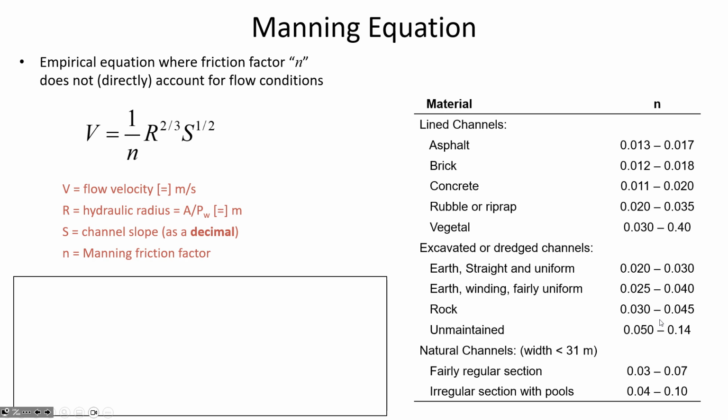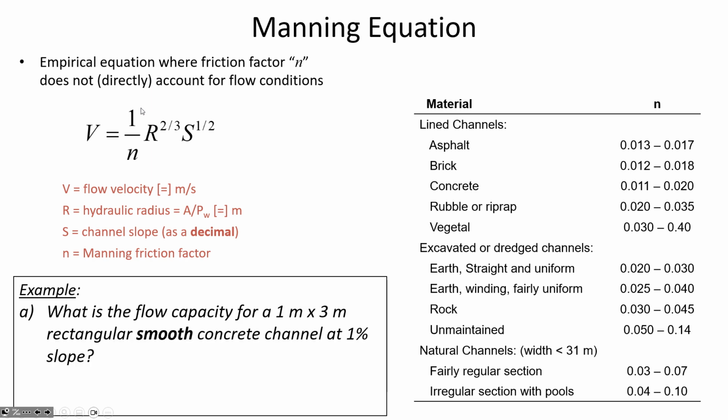And so it requires a lot of experience and judgment to go out and look at a creek and know what's an appropriate n value that should be assigned when you've got water flowing through a mixture of sediments and rocks and broken rock, rock that's solid, and so on. But whatever the case may be for the n value, we substitute it into the Manning's equation, and this allows us to predict what the velocity would be when the conditions are steady and uniform.